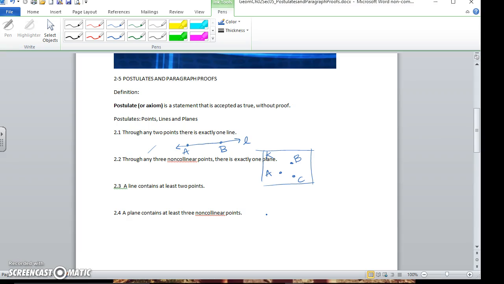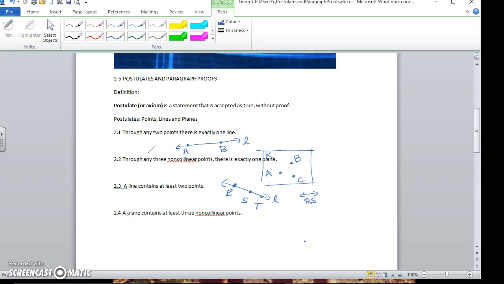All right, a line contains at least 2 points. A line can contain more than 2 points, but it contains at least 2. When we name a line, we name it either by the script letter or with any 2 of the however many points there are. It doesn't matter which 2 you choose.